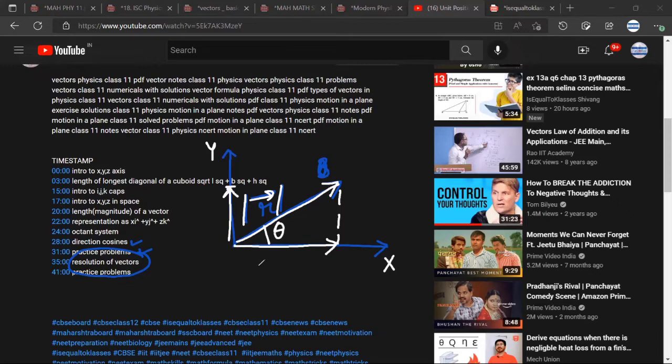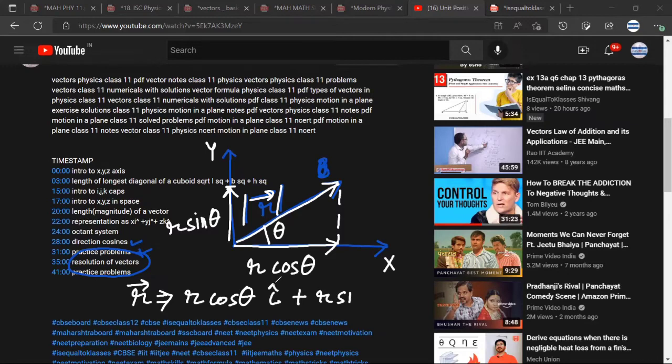How? We understood that this can be written as r cos theta, and this part can be written as r sin theta. So I can write my vector r as r cos theta i cap plus r sin theta j cap. Avantika, are we clear till here? Yes, sir. Okay, now let us continue our journey forward.